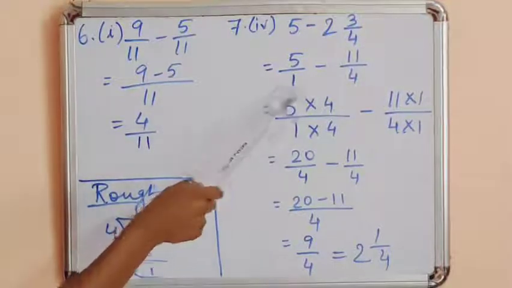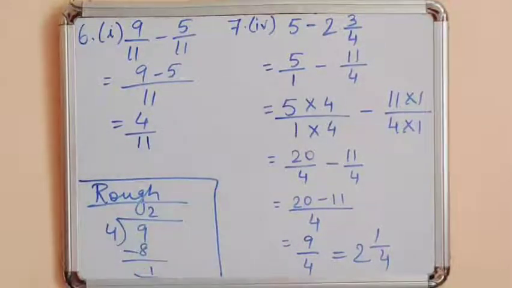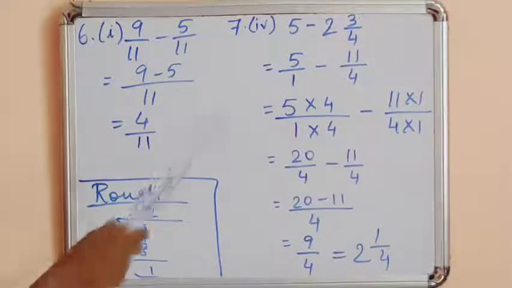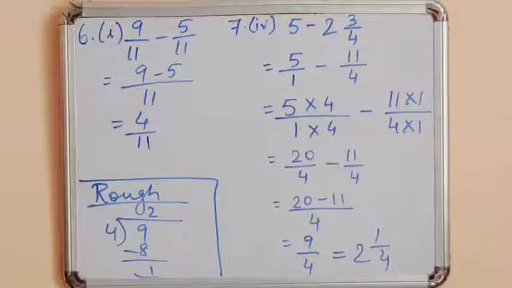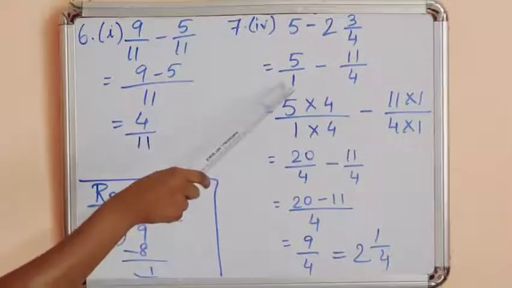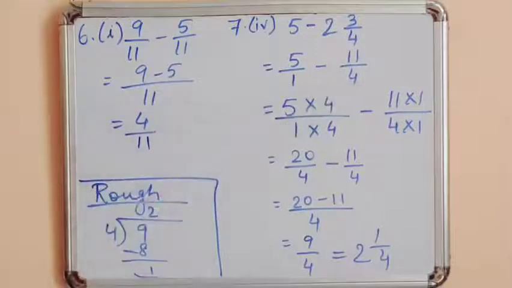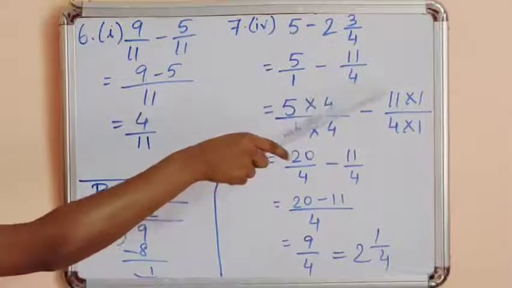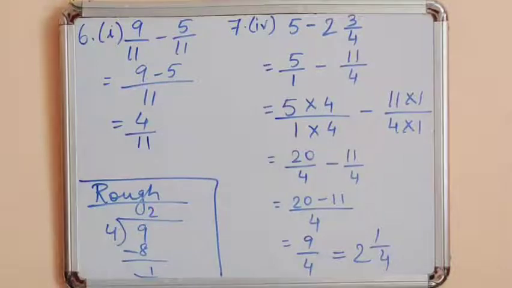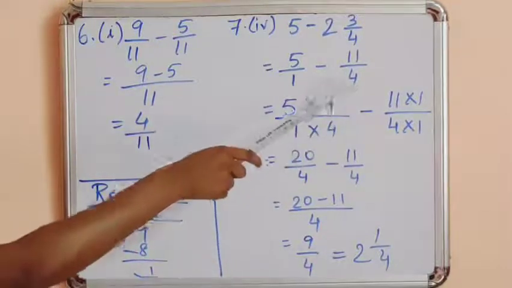Now the denominators are different. If you find the LCM of 1 and 4, you will get 4. So we have to make this denominator 4, and this is already 4.